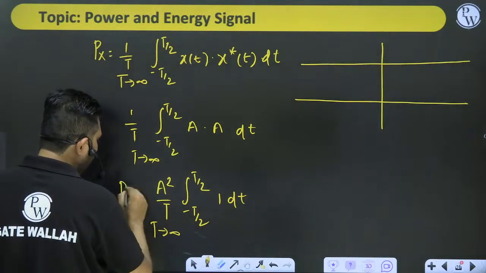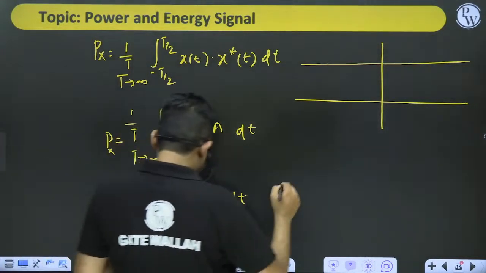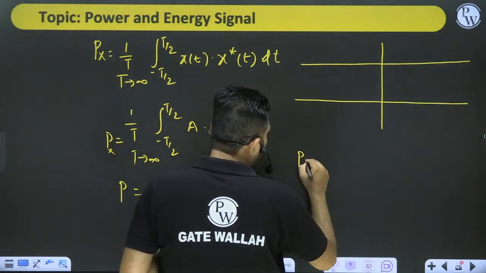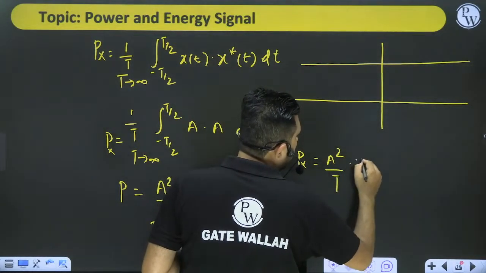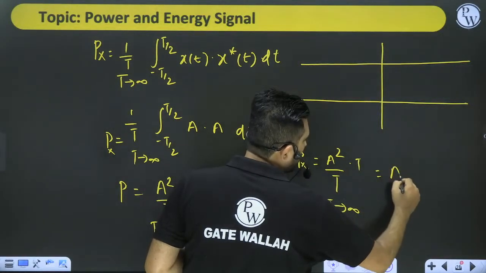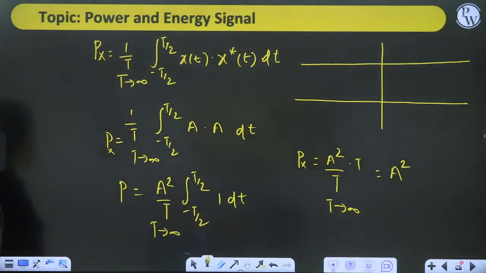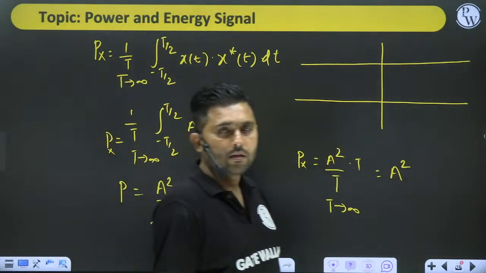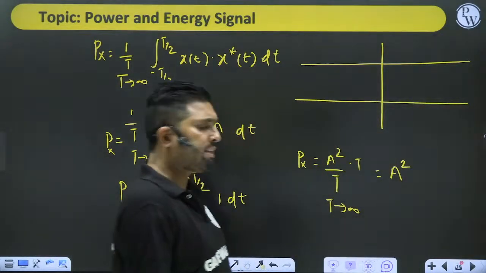That's what my power is. And this gives me power P_x is A square by T into T with T tending towards infinity, which is simply A square. Easily you can handle this integration and get the answer.